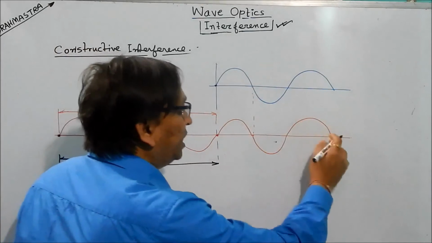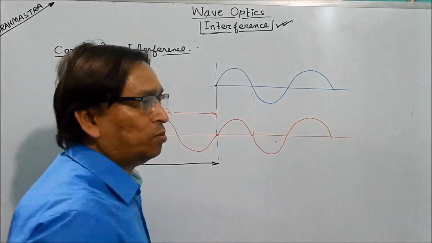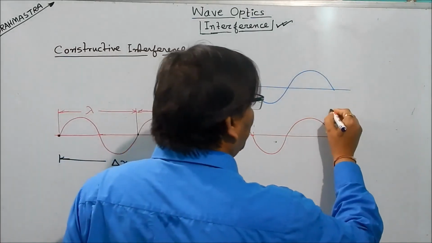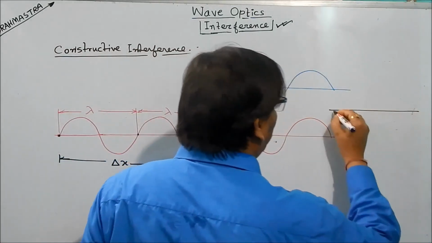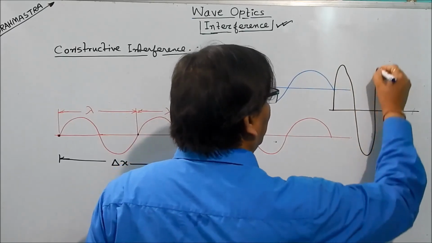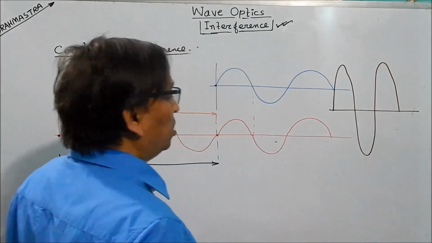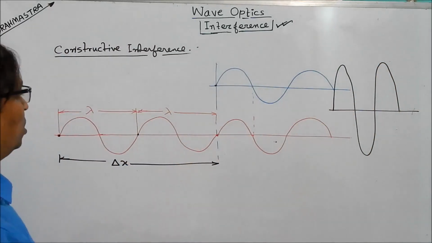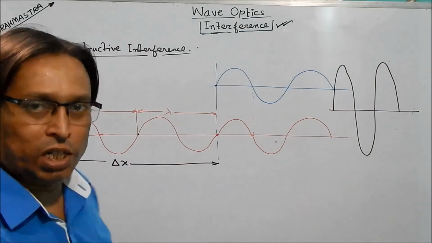Then you will ultimately get the superposed wave, which will have constructive interference. If these two waves superpose, the ultimate wave will be like this, having much higher amplitude. So this is the superposition, and this is called the path difference. This is the phenomenon of constructive interference.